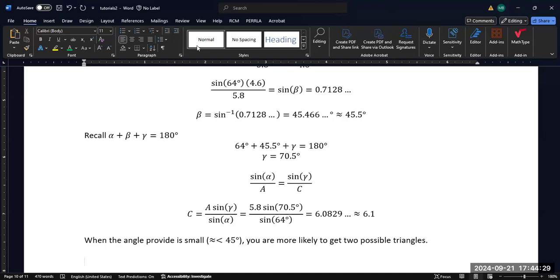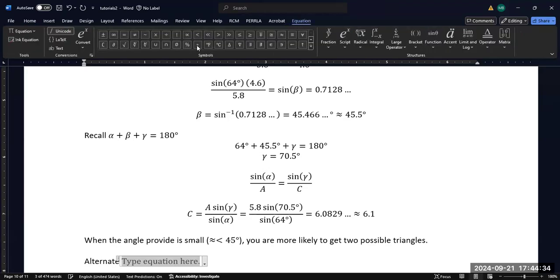So what is the equivalent? So alternate beta would be 180 minus 45.5, which was the angle that we got before. So 180 minus 45.5, because I want it in the second quadrant, would be 134.5. Now, here's the question.